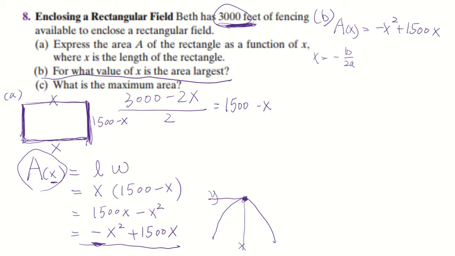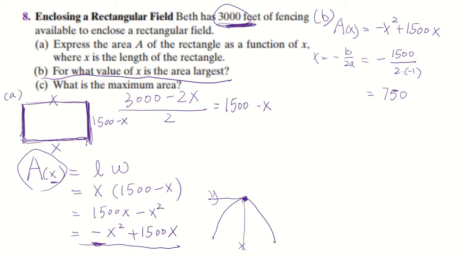This will give me the x coordinate of the vertex, which is negative, what is my b? 1,500 over 2 times, what is my a? Negative 1. So I have negative 1,500 divided by 2, 750. That's the x coordinate of the vertex.